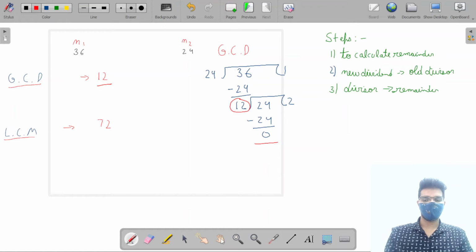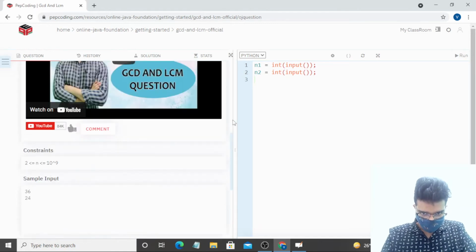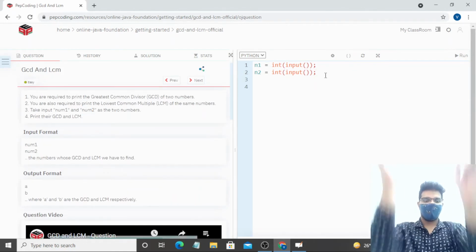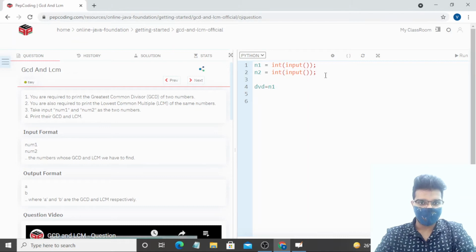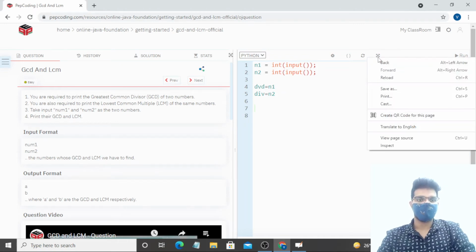Now let's try to code it and then we will look further. In the input we are given two numbers, n1 and n2. As we know, we need both dividend and divisor, so I will assign dividend and divisor as n1 and n2.